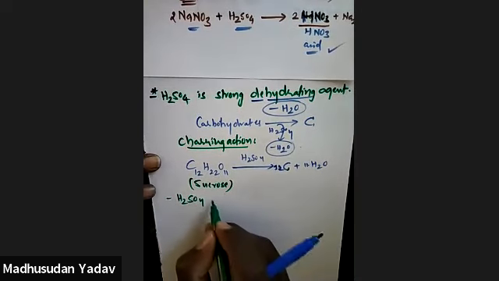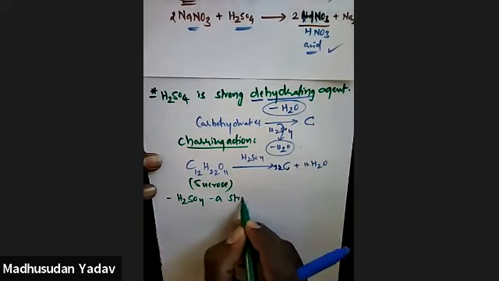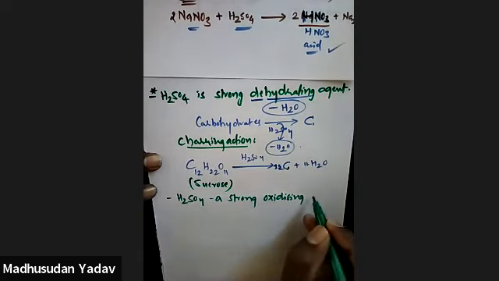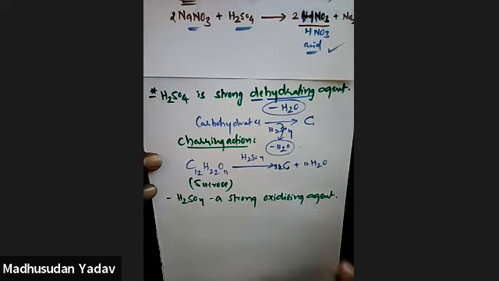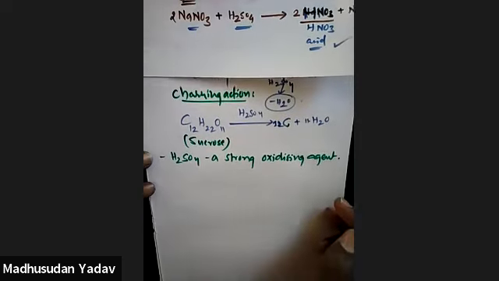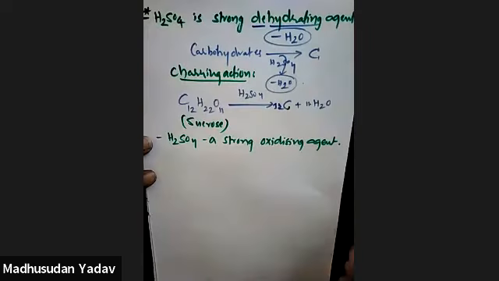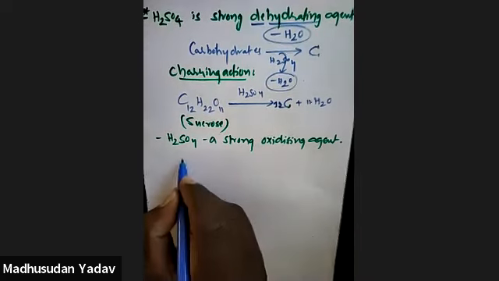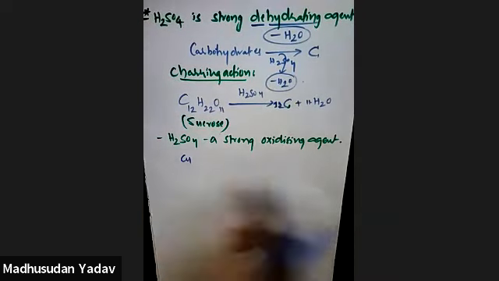Sulfuric acid, H2SO4, is also a strong oxidizing agent. So how does it act as an oxidizing agent? It converts metals to metal sulfates.